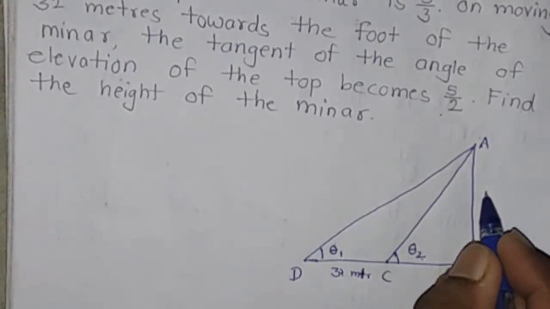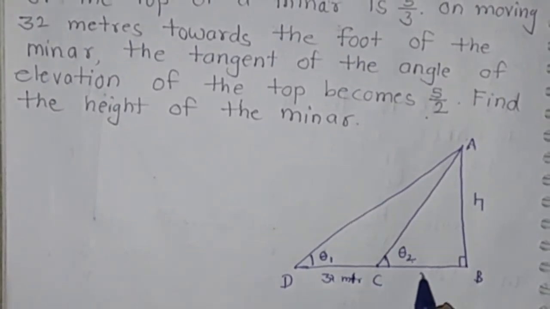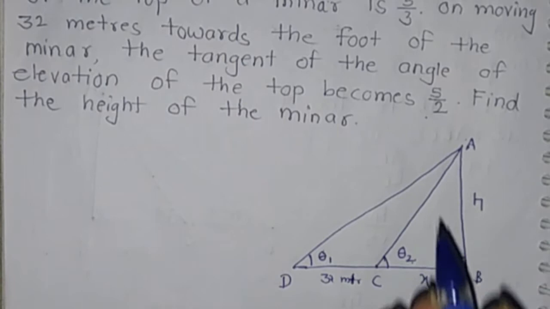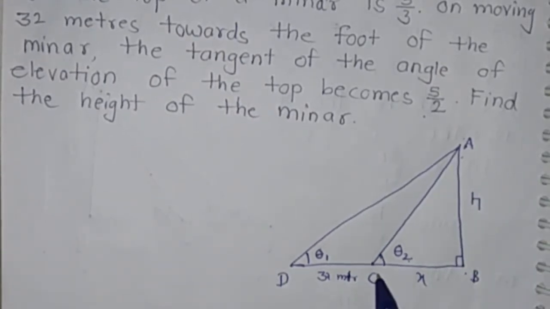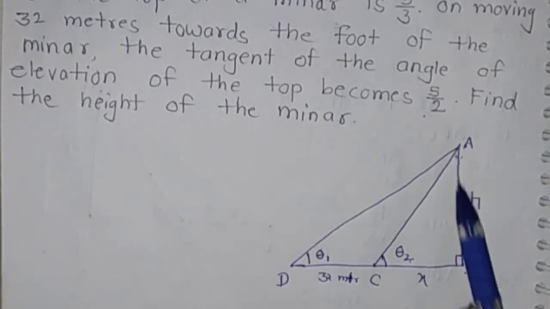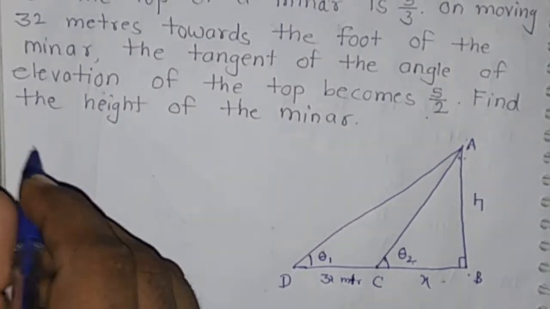Let the height of the minar be small h, AB equals h, and BC equals x. There are two right angle triangles, first is ABC and second is ABD.